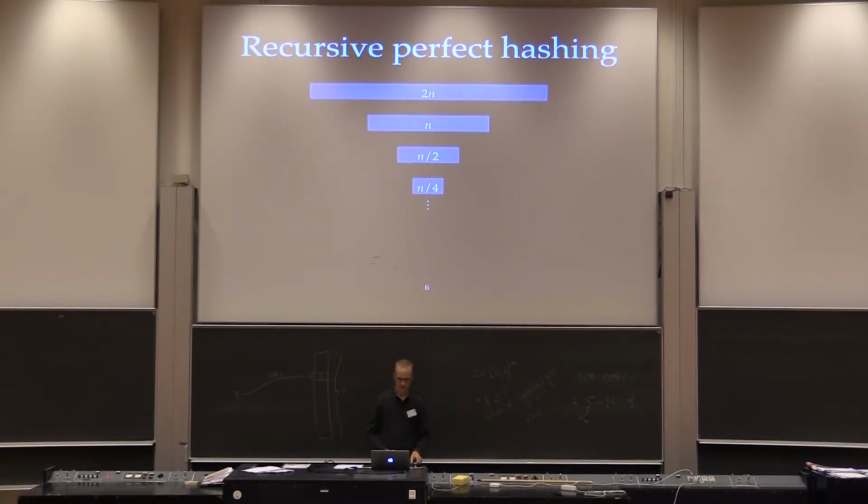So it looks something like this. We have this first function that hashes to a range of size 2n. Some of these hash values are going to be unique, so there we put a 1 bit. Other positions are going to be non-unique, there we put a 0.